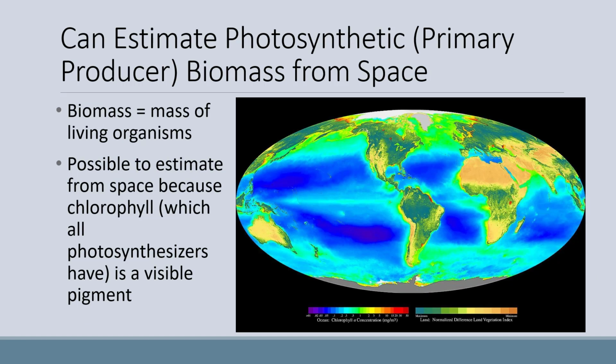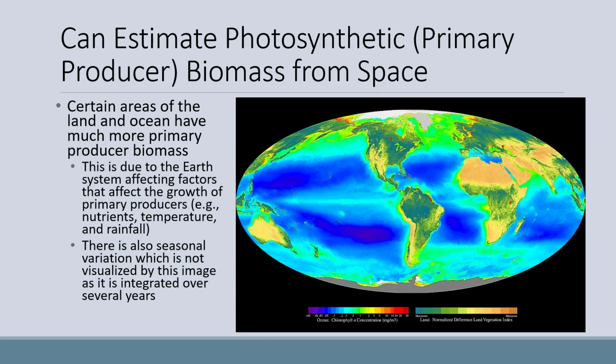One of the easiest parts of the biosphere to observe from space is photosynthetic biomass, and biomass means the mass of living organisms. It is possible to estimate photosynthetic biomass from space because chlorophyll, which all photosynthesizers have, is a visible pigment. In the image on the right, you can see areas of the ocean where there are cyanobacteria and algae, shown in the lighter greens, and areas on land that have more vegetation, shown in dark green.